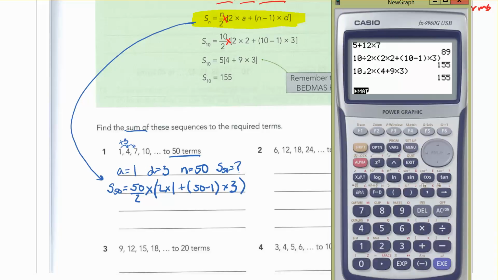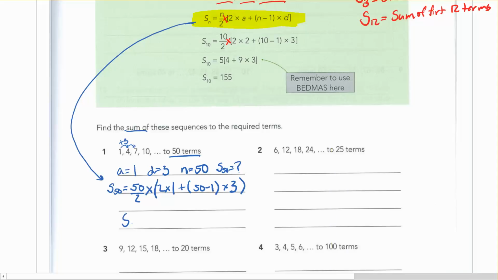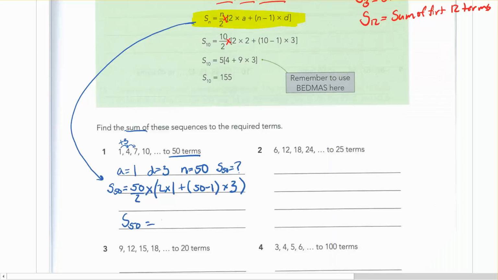So plugging that into the calculator, 50 divided by 2 times bracket 2 times 1 plus bracket 50 minus 1, again you could just do 49 there, times 3, close bracket. And you get a sum for the first 50 terms equal to 3,725.